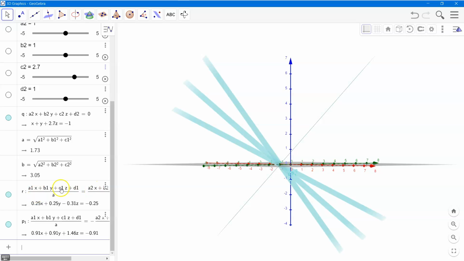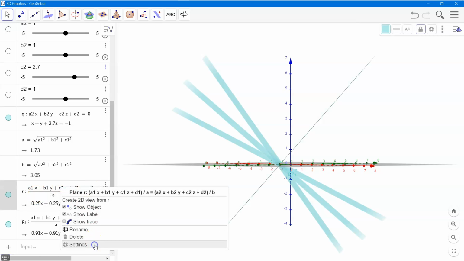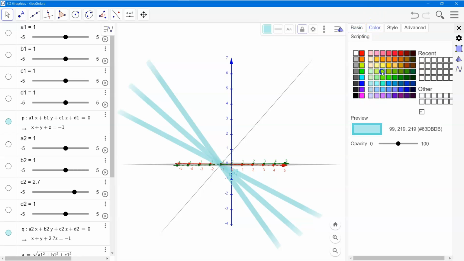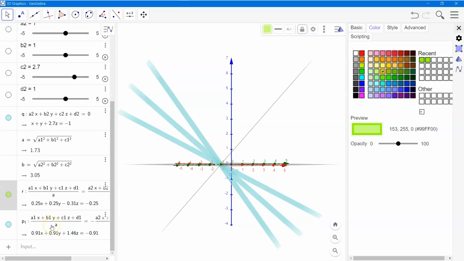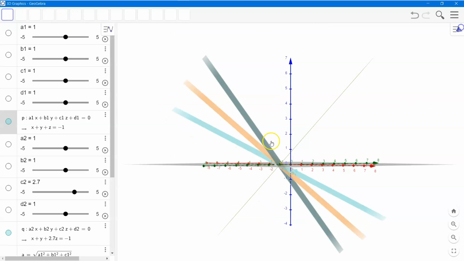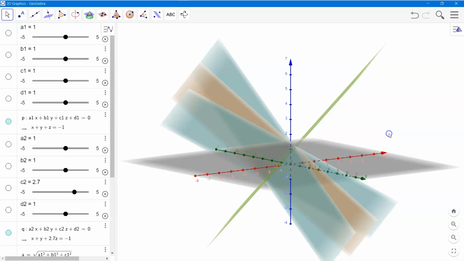To differentiate them, we can change the color of this and the color of this. Now if we move it, you can see green and brown.